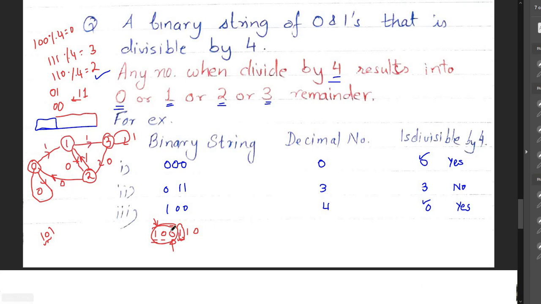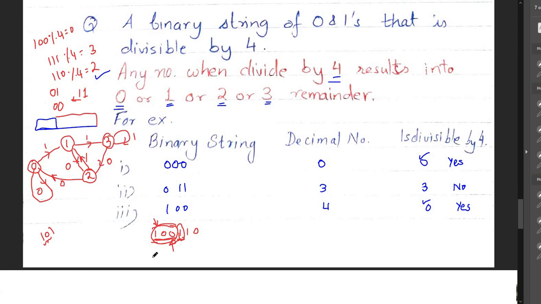So while processing the previous string, I will be reaching some state from 0, 1, 2, 3, and if I append one more bit, I will be reaching only one of these states.